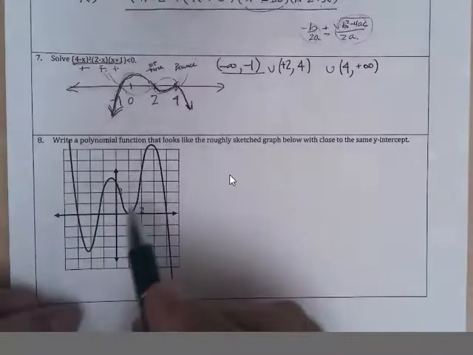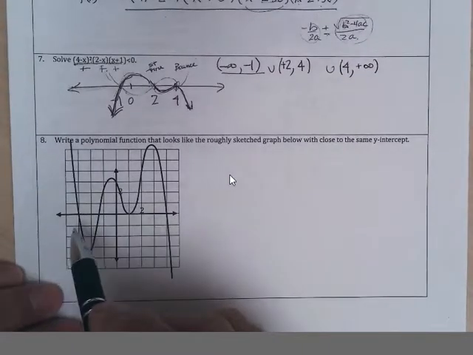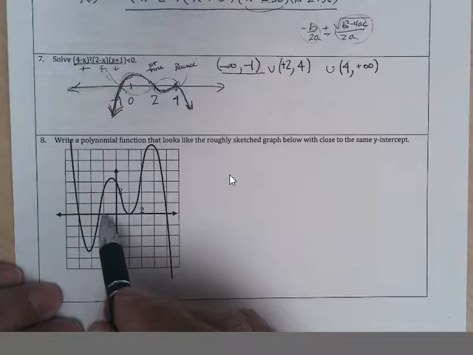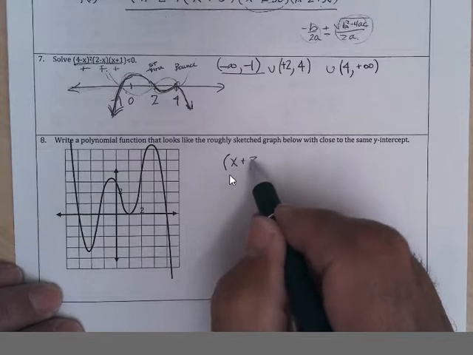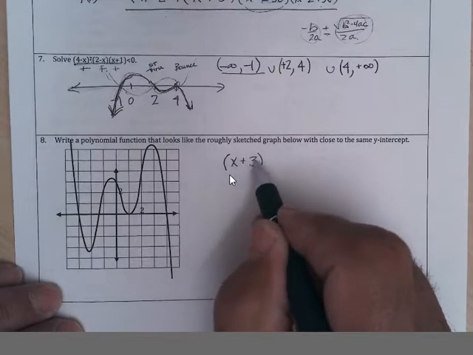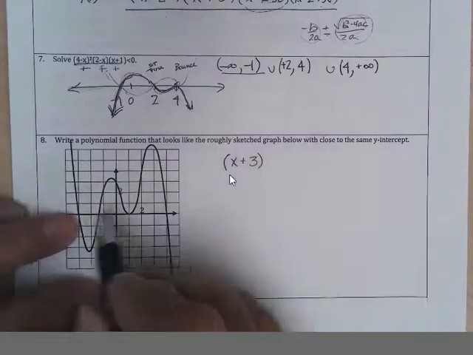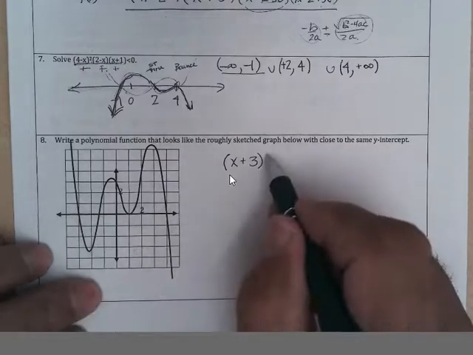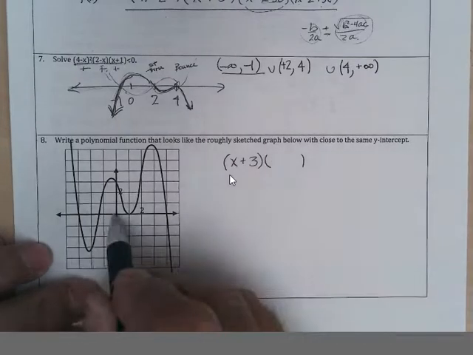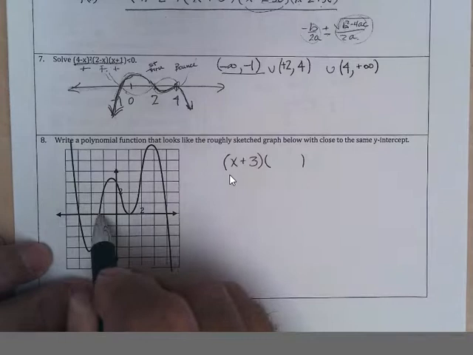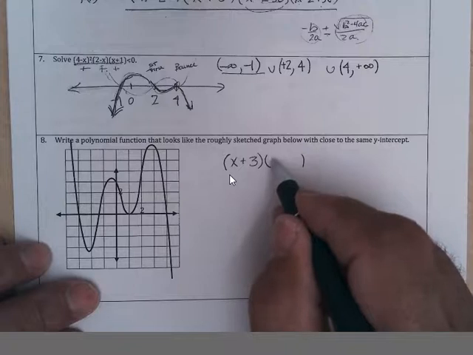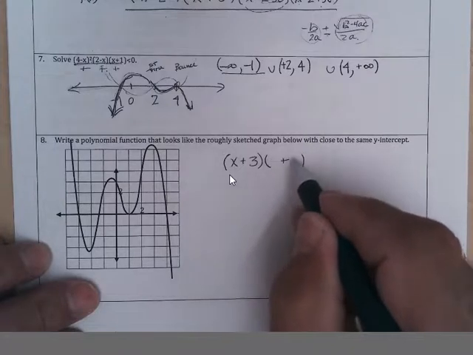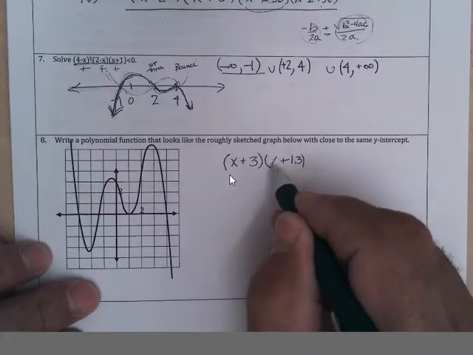Okay. Now we've got to make a polynomial. It looks like this. If it goes through minus 3, the factor must be x plus 3, because minus 3 plus 3 would be 0. It goes through this other place, which I'm expecting you to estimate. Some people said minus 1 1/3, that's fine, or minus 1.3, that's fine, or something like that. So if I put in minus 1.3 or minus 1 1/3, I'm going to have to go plus 1 1/3, or 1.3.